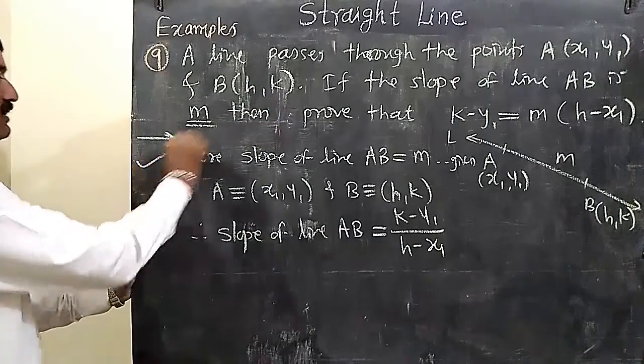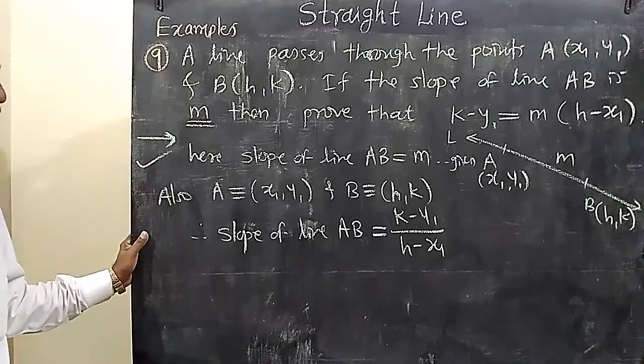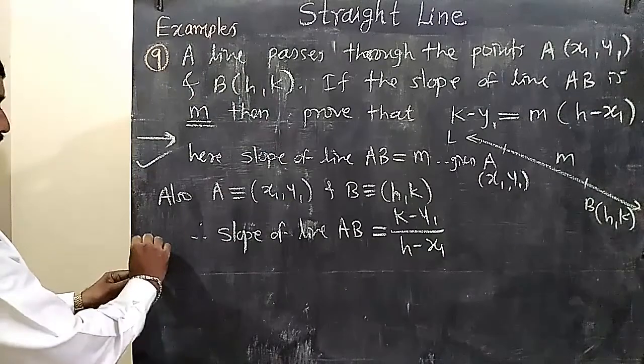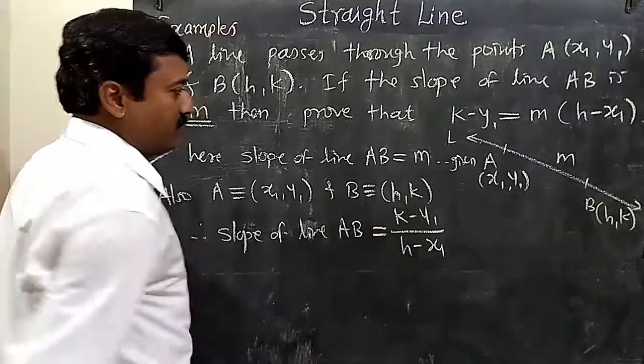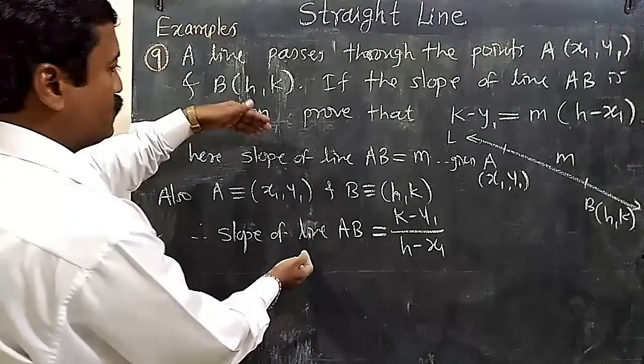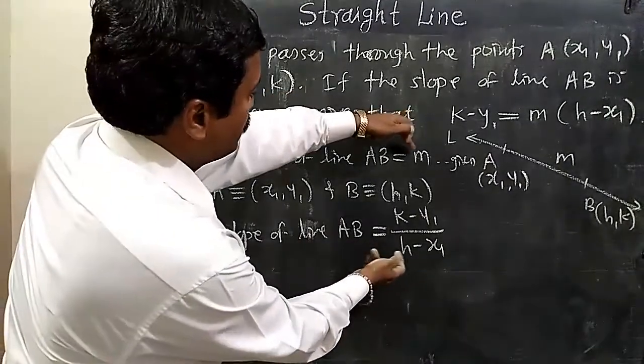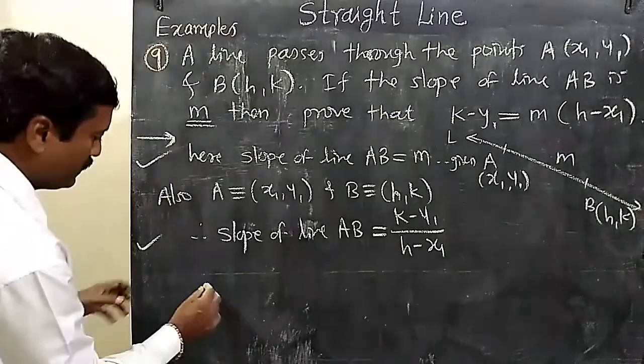Now this is the first way in which slope of line is given, and this is the second slope of the same line AB that we have found using formula. So equate these 2 slopes, because these 2 slopes are the slopes of same line AB.